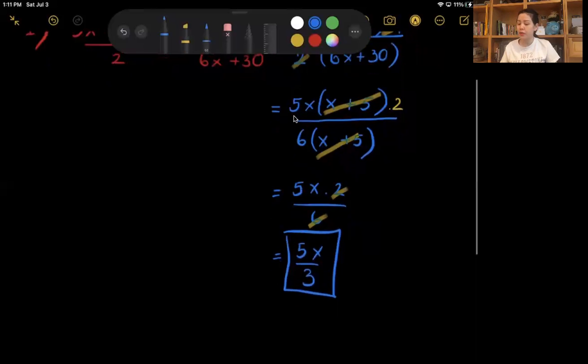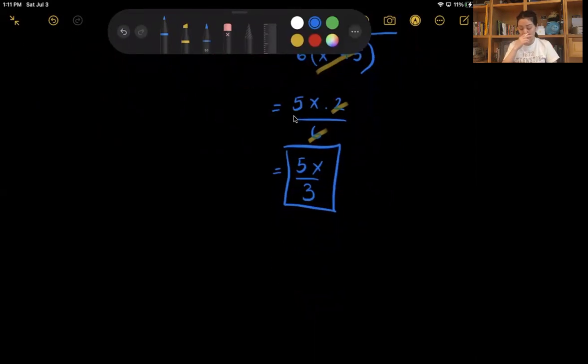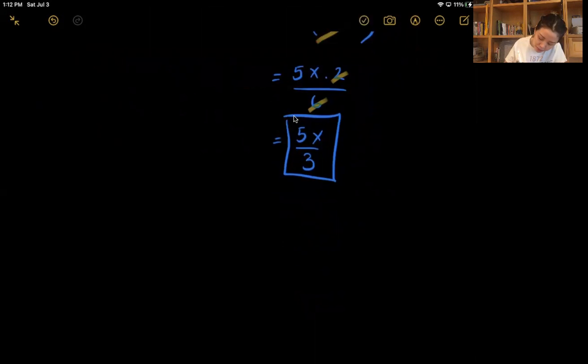Now let me show you and remind you how we can divide rational expressions. That's a little bit more important. Okay, so suppose we have A over B divided by C over D. Do you remember how this is done?